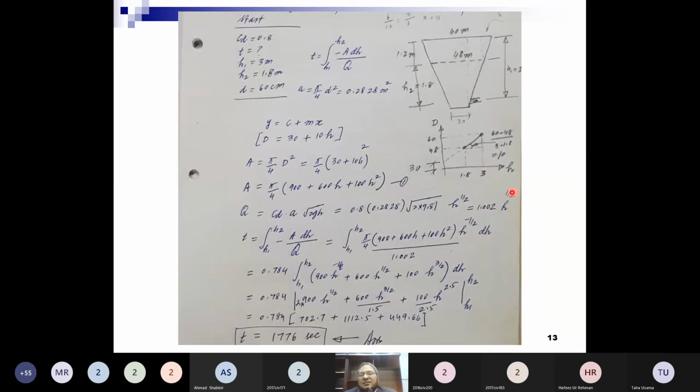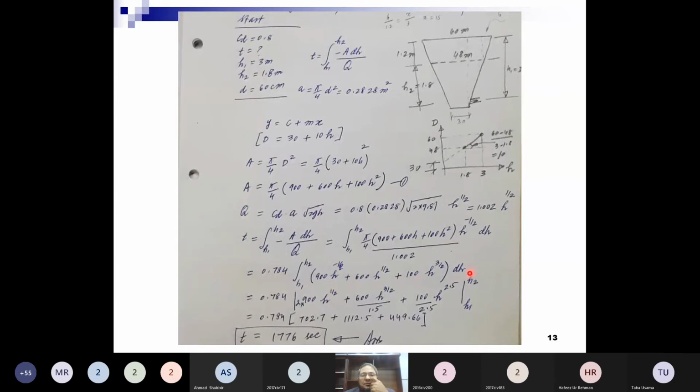You will get the value of Q2 or discharge, and then put values in our governing equation for emptying time. Small t is the integral of minus a dh over q, put values here and here, simplify it, and finally you will get this equation.